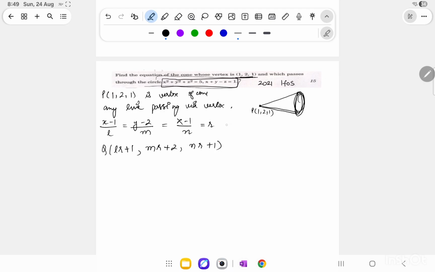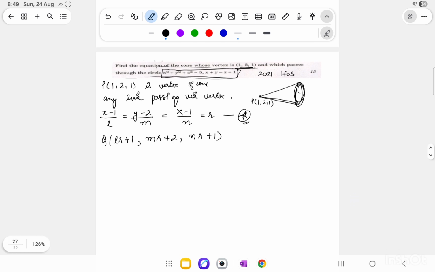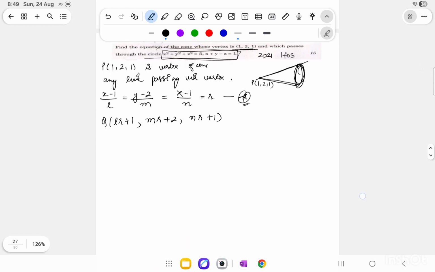If the line we have found is the generator of the cone, then this is the parametric form of any arbitrary point on the generator. This generator must intersect the guiding curve, that is the base curve, somewhere.